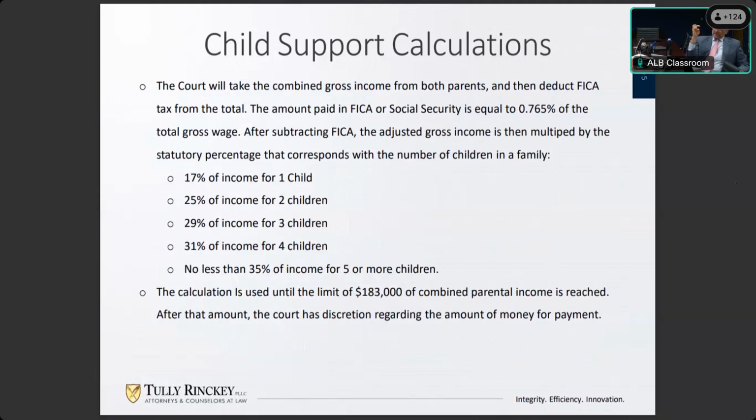And if they are going to go below that 600 and just go to the 183, they again have to set forth why they deviated. If they do not do this, then that order could be overturned. All right. So if you're arguing a statutory cap case, you specifically want to make sure that you know what these factors are and argue them.